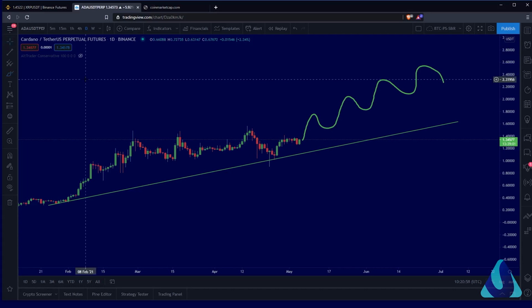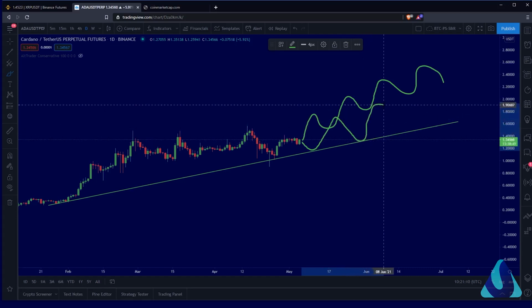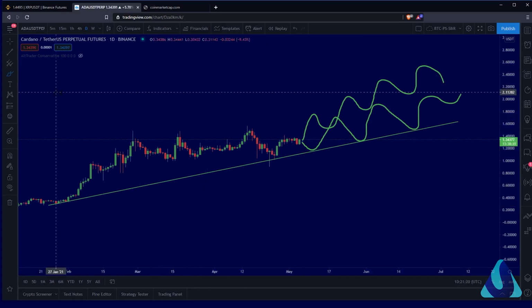And we could also potentially see something where it heads down, comes off, creates a higher high, comes down, creates a lower high, another higher high, and so on like that. So at this point, what we would be looking for is key areas for us to essentially decide where we're going to put our trades.